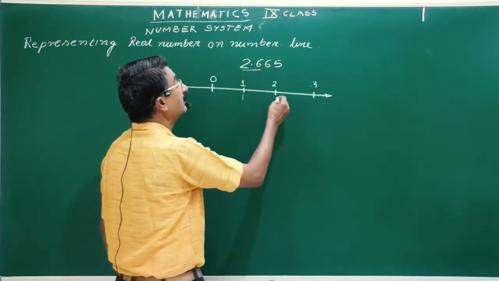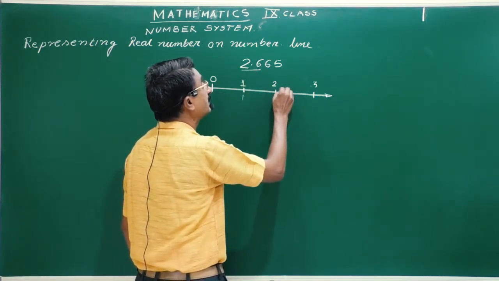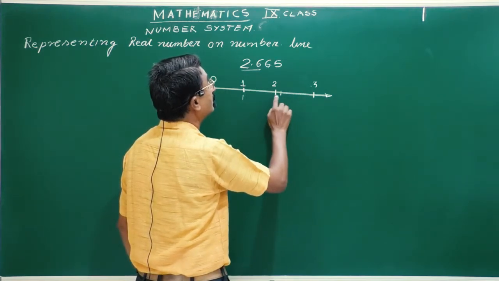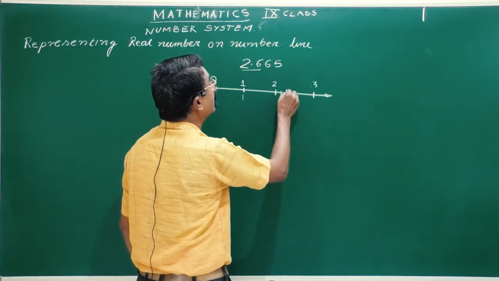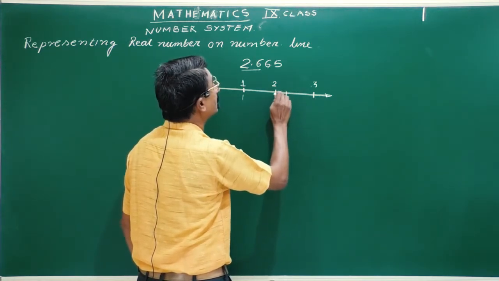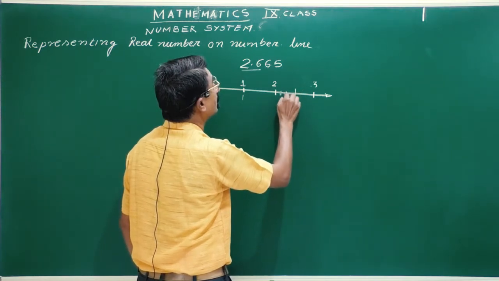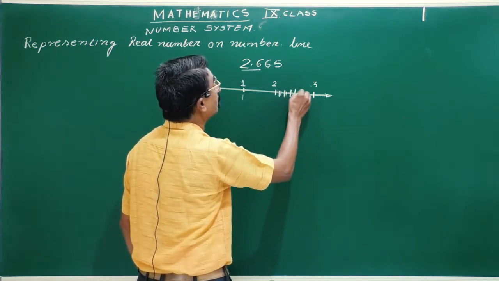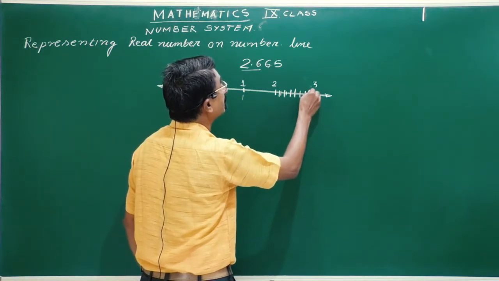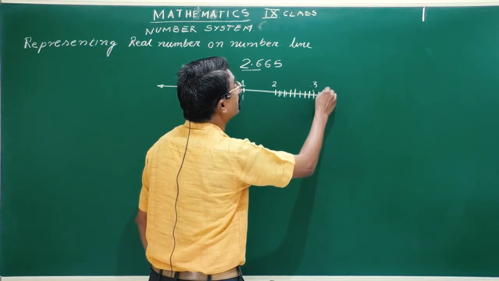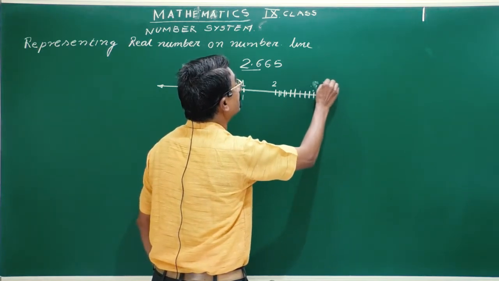2.6. So what we will do? We will split or divide the length from 2 to 3 in 10 equal parts: 1, 2, 3, 4, 5, 6, 7, 8, 9, 10. I will write down 3 here.